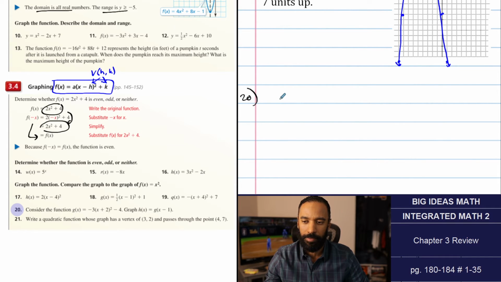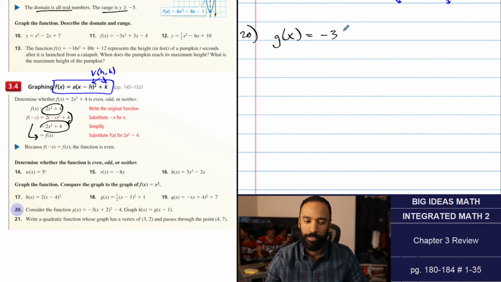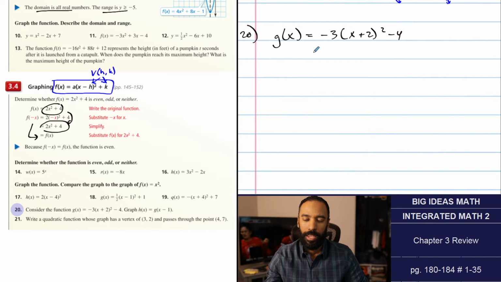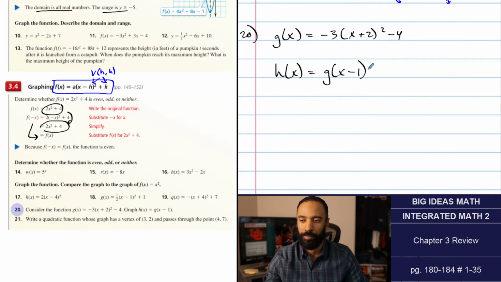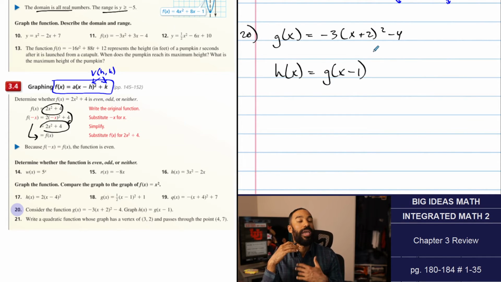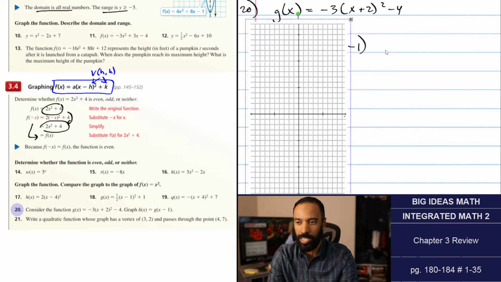So for number 20, you kind of have two options here on what you're going to do. But I start with this graph here, this function. Now, there's h of x equals g of x minus 1. Actually, let's start with the graph, and then we'll have the equation go to it and say, see, it's the same thing.